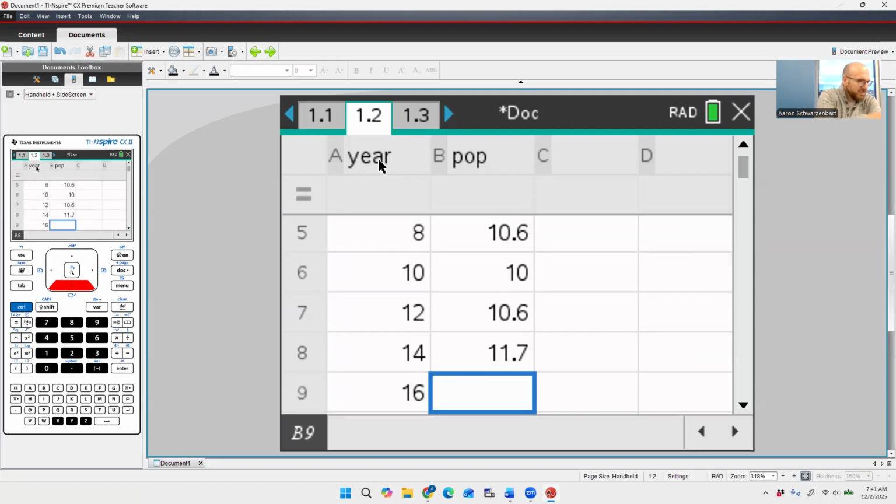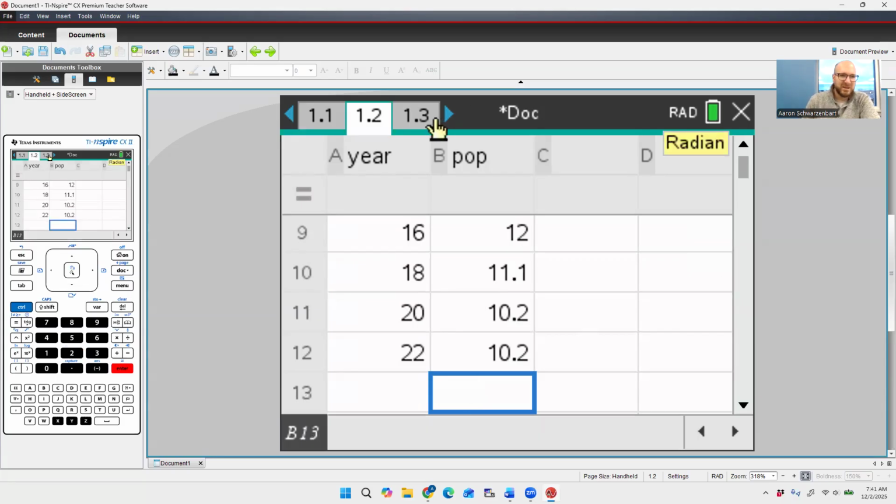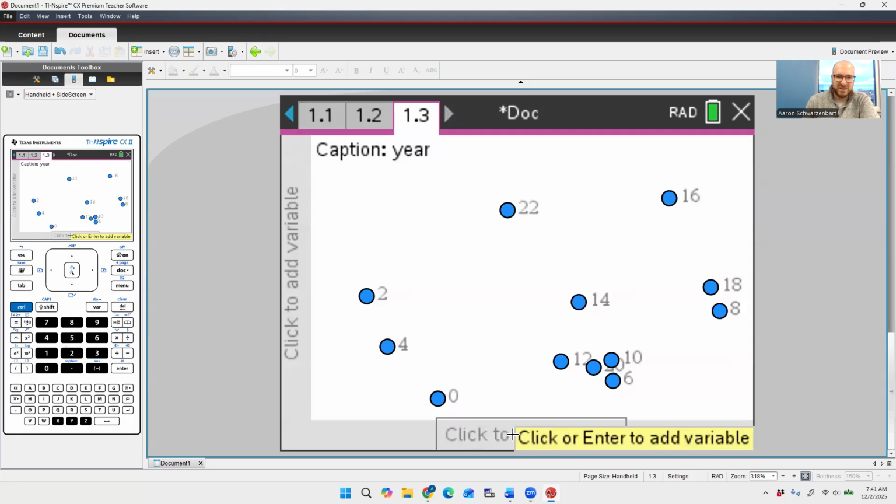Oh, this is way too perfect of numbers. They're just repeating each other. Oh no, finally it didn't repeat. Okay, so now I've got my numbers in here.